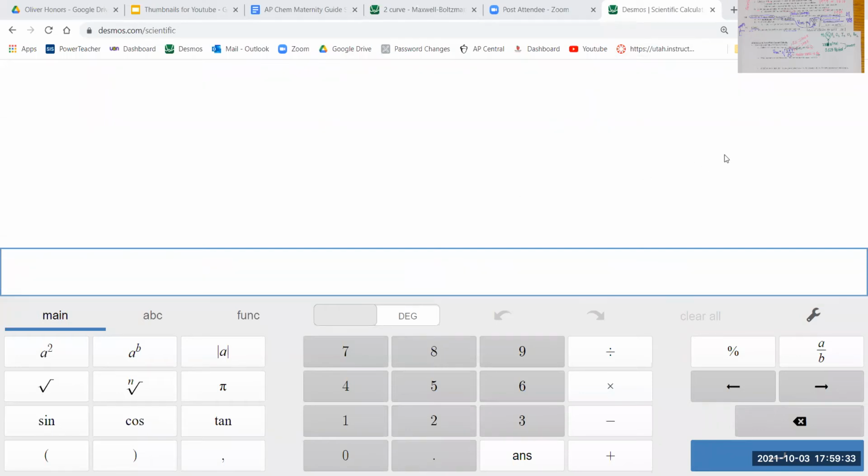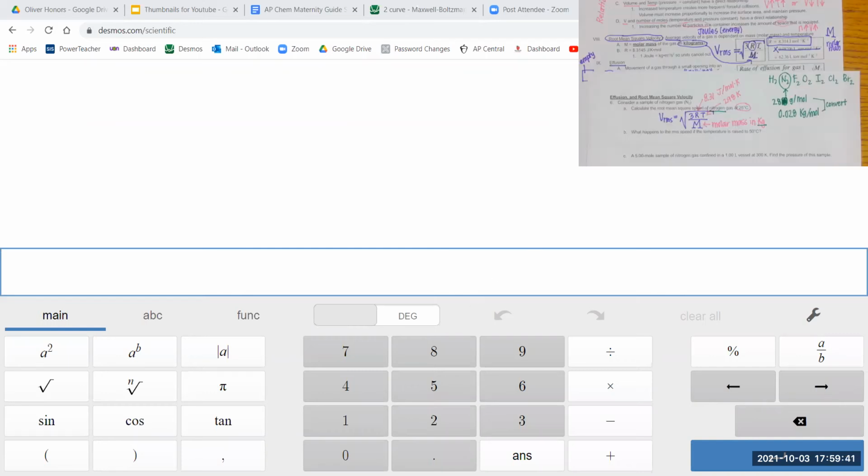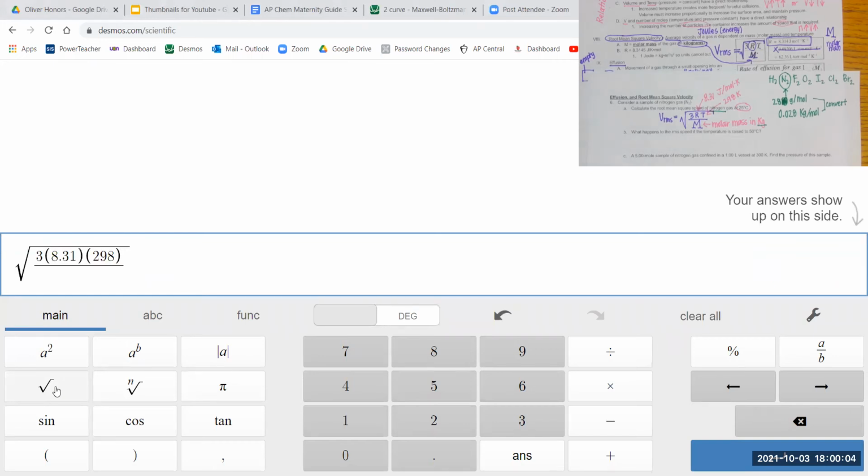And I'm sick of using my husband's calculators, so, ooh, I can actually make that really big. I'm gonna do this on Desmos here. So the VRMS equals the square root of 3 times R, 8.31, it's my birthday, T for temperature we decided was 298, over the molar mass, which was 0.028.